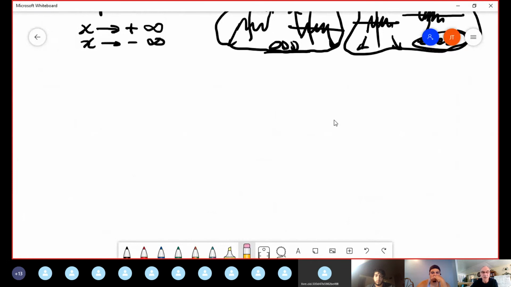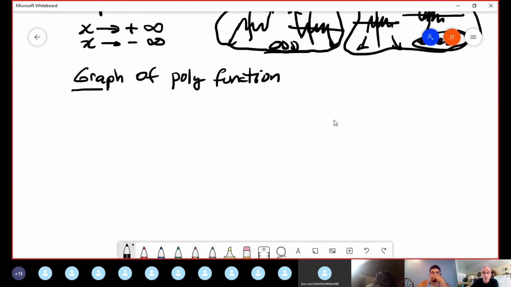Okay, so end behavior is important. Another important thing for the graph, because the objective today is to graph a polynomial function, is the y-intercept and x-intercept.